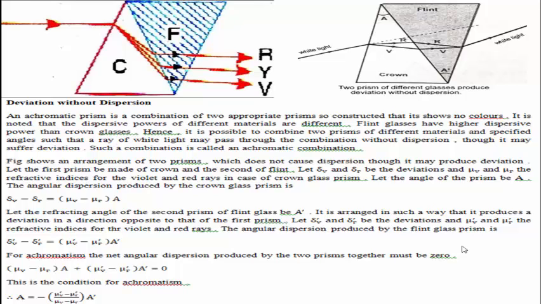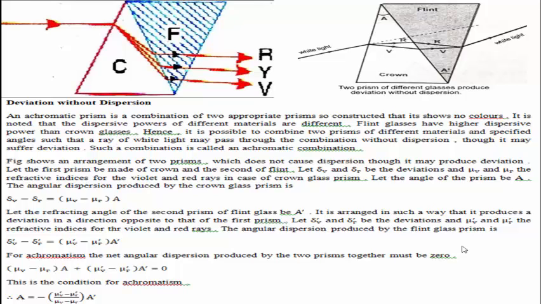Deviation without dispersion. The figure shows an arrangement of two prisms which does not cause dispersion, though it may produce deviation. Let the first prism be made of crown and the second prism made of flint glass. Let the deviation for the violet and the deviation for the red be delta V and delta R, and the refractive index of violet and the refractive index of red rays in case of crown glass prism.